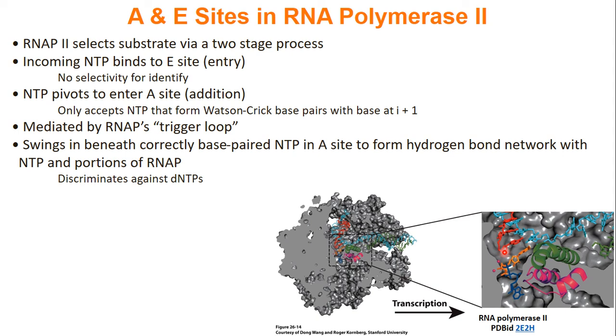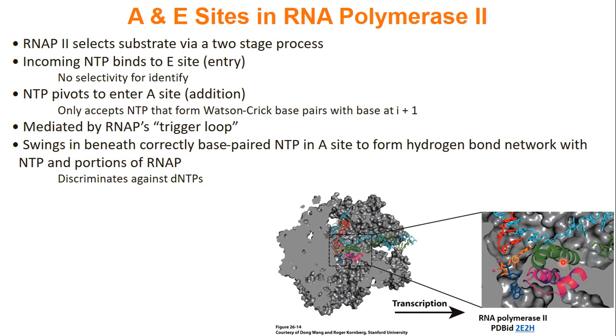The way we know if a base pair is made is through this trigger loop. That's in cyan here. This trigger loop is behind or underneath a correctly base paired nucleotide with the DNA. Then you're going to form a hydrogen bond network.